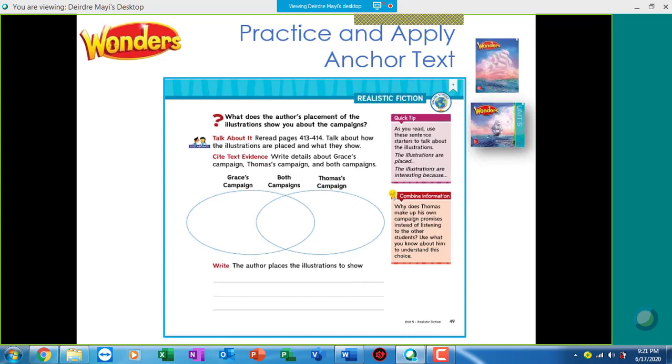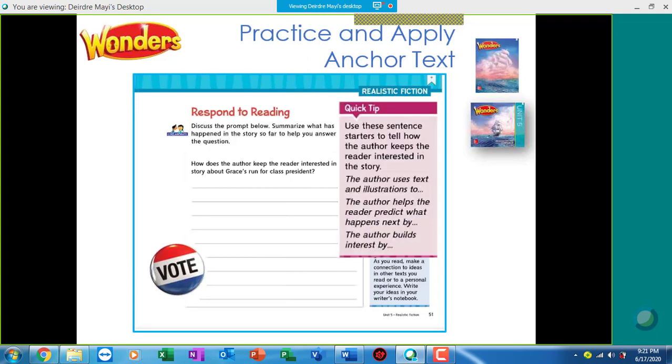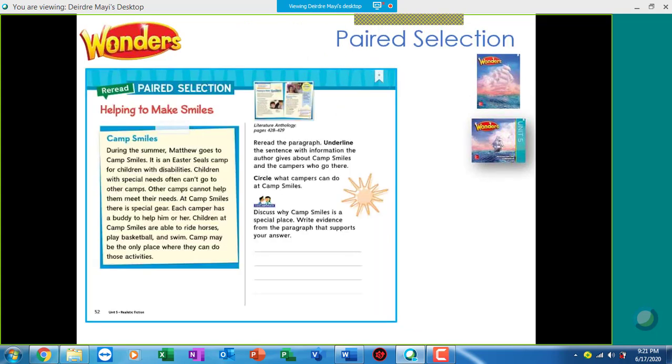They are asked, what does the author's placement of illustrations show you about the campaign? Students have an opportunity to respond to reading, discuss the prompt below, summarize what has happened in the story so far to help you answer the question. How does the author keep the reader interested in the story about Grace's run for class president? Again, those quick tips are there.